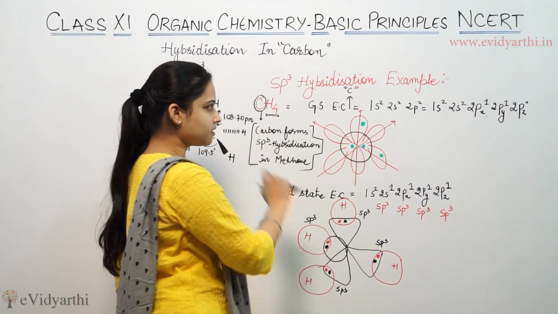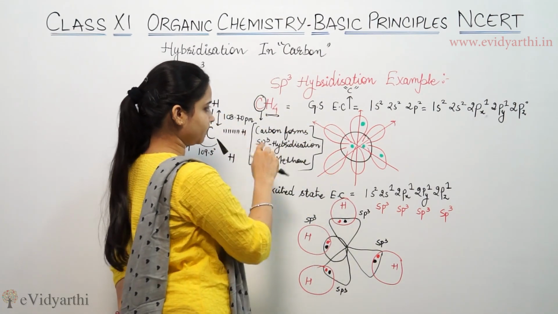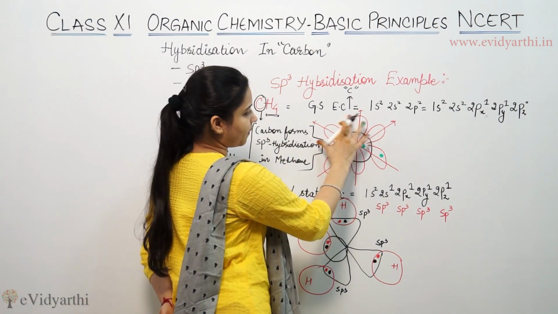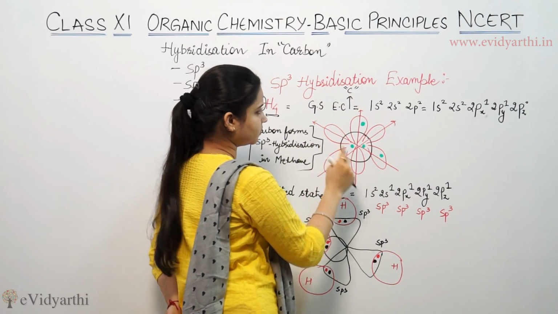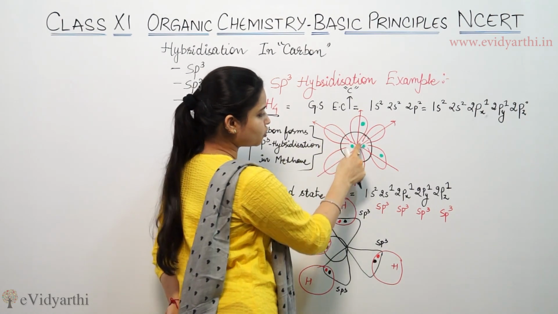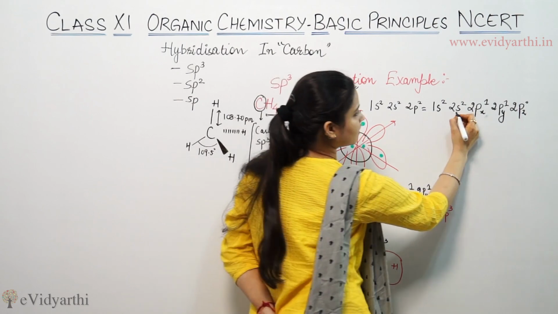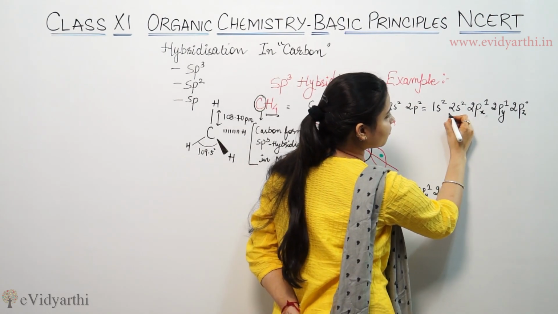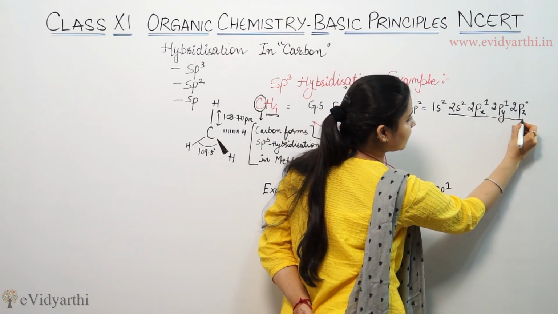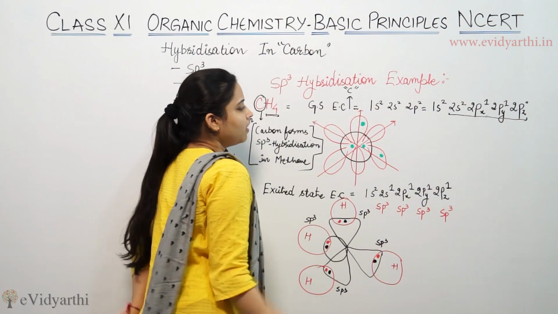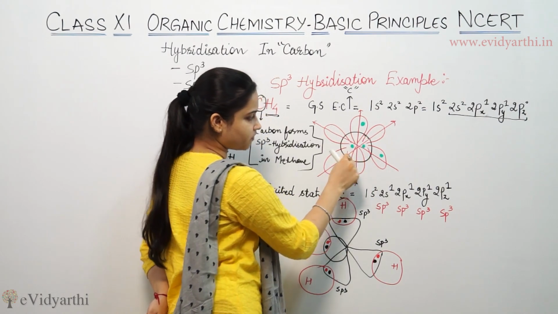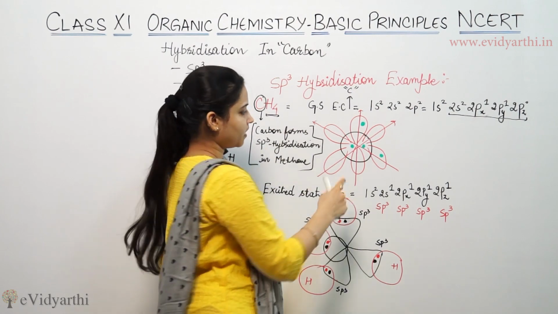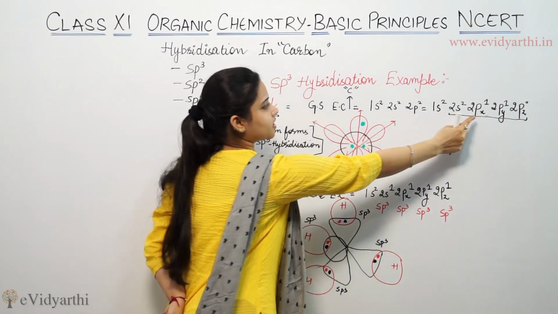In the ground state, carbon has this structure. I'm ignoring 1s2 for the time being and taking 2s2, 2px1, 2py1 and 2pz naught. The circle is the s orbital, since an s orbital has a spherical shape.